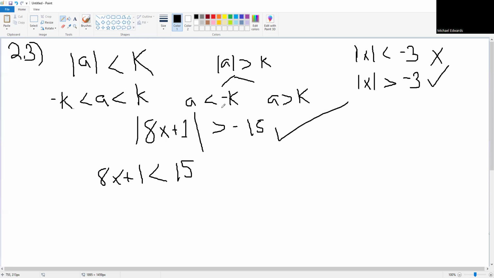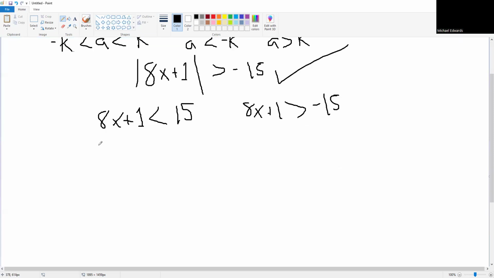And then this one is an 8x plus 1 greater than just k, which is -15. And these are no longer absolute values. These are just inequalities and the same stuff we've been seeing.